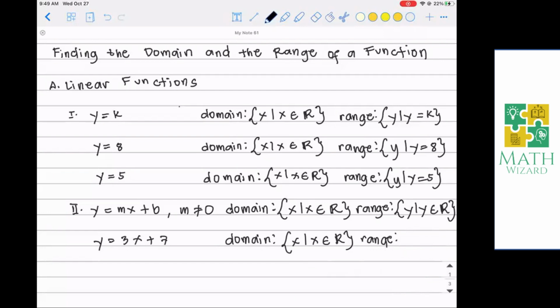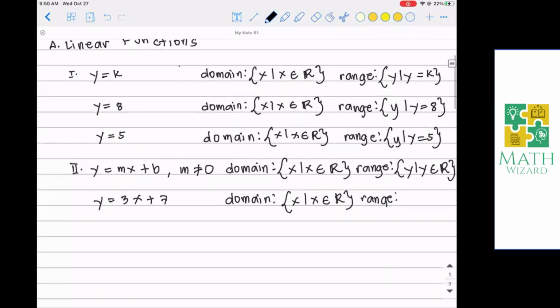Isosolve muna natin yung function natin and then we identify kung ano yung magiging range natin. How do we solve the y is equal to 3x plus 7? So, that's just solving for the range. Ang ating function is 3x plus 7.